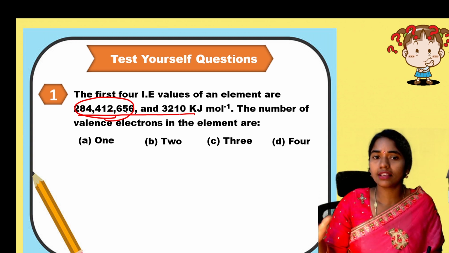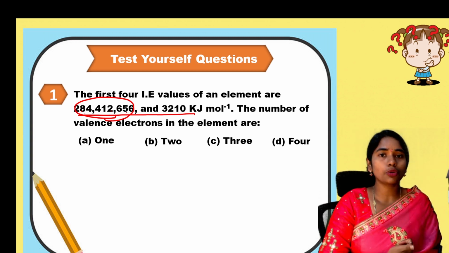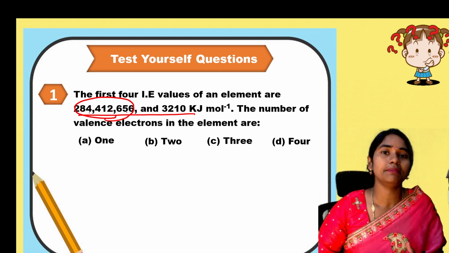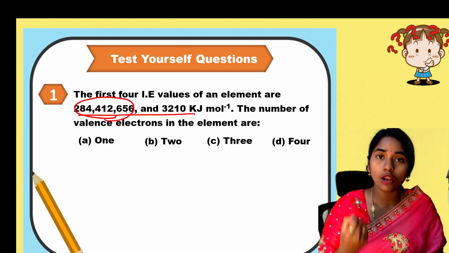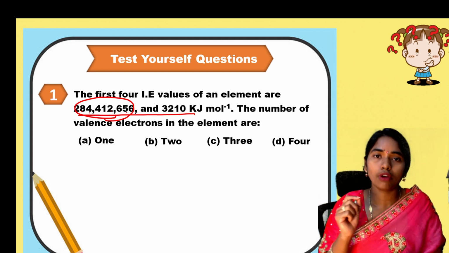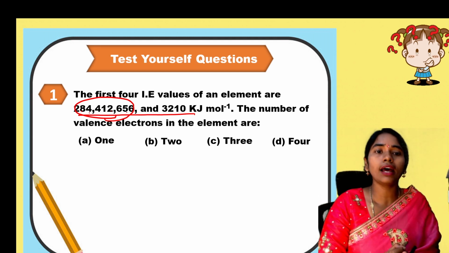Actually 4 values are given, but if you observe, as I told you in a previous video, the trick there, that is "6 simple tricks to solve ionization energy questions easily", that is the name of the video. If you have not seen it, just go through it.